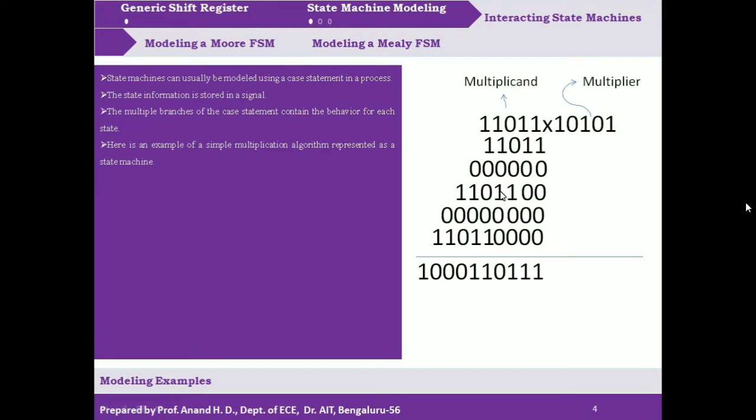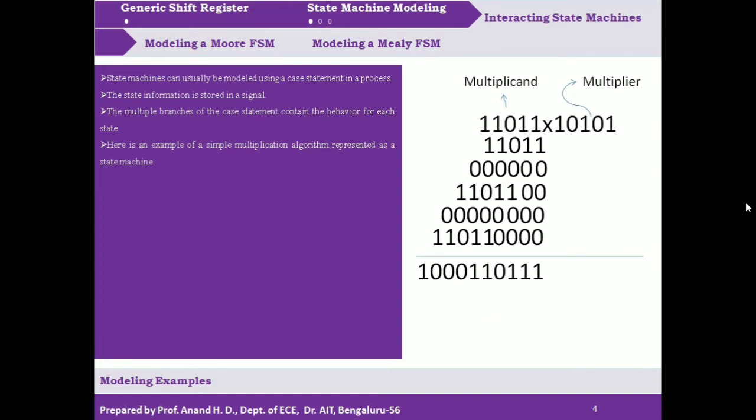Similarly, when you perform multiplication with 0, there is no need of addition. When you perform multiplication again with 1, what we perform here is the 4 times left-shifted version of the multiplicand, which will be added to the accumulator, so that we get the final result as this. Correct? So this is the process.